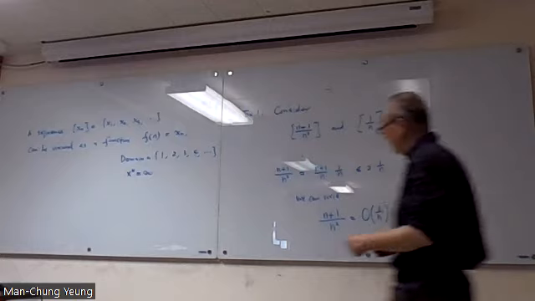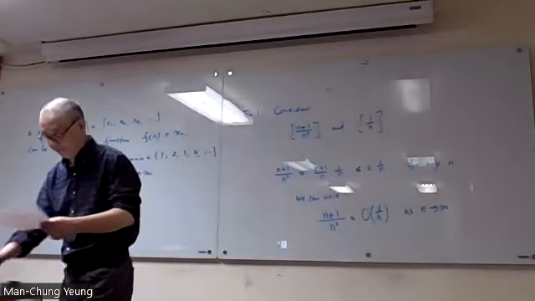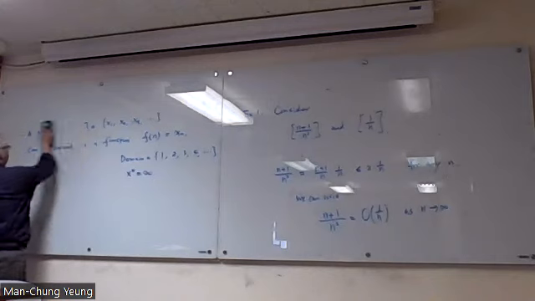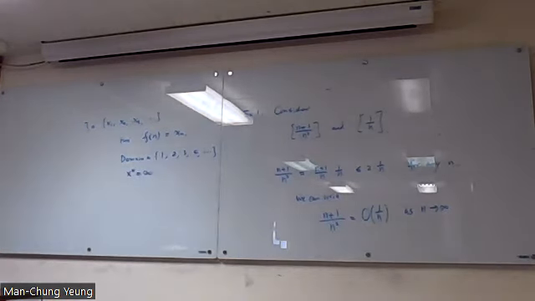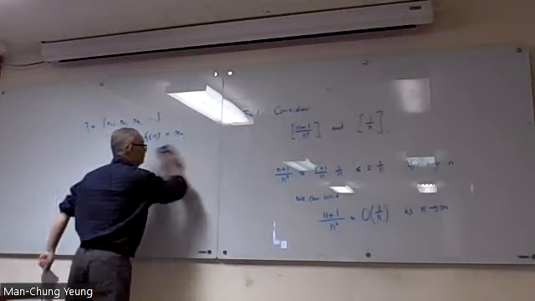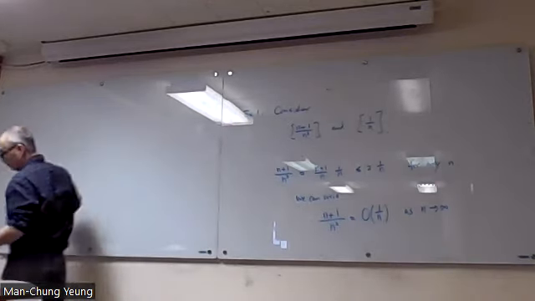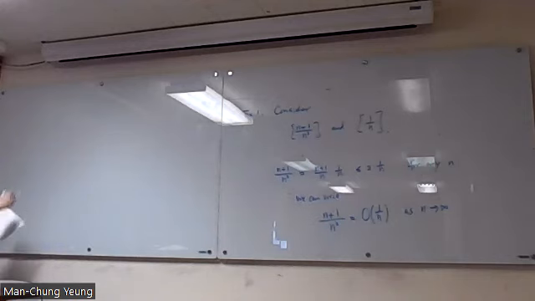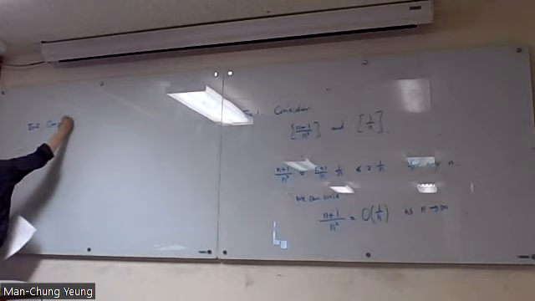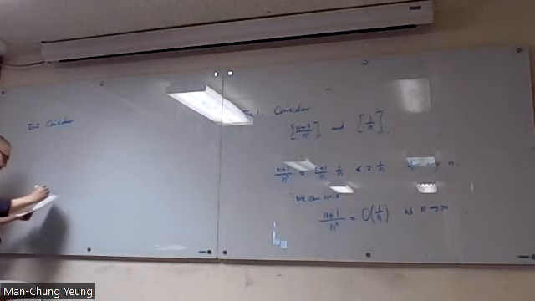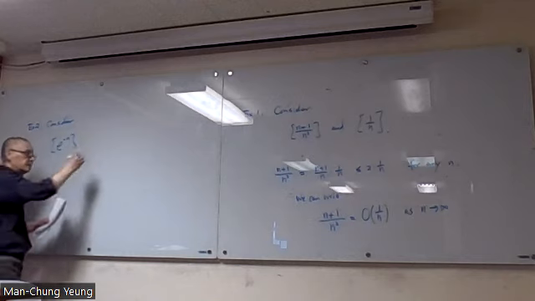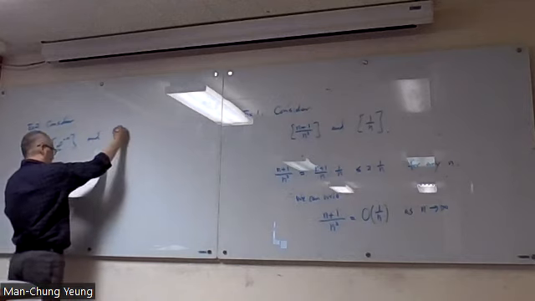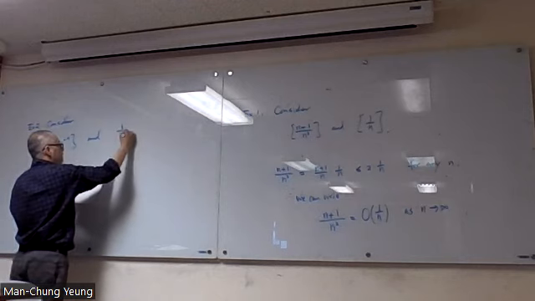Example 2. I want to compare e to the negative n, this sequence, and 1 over n squared, this sequence.